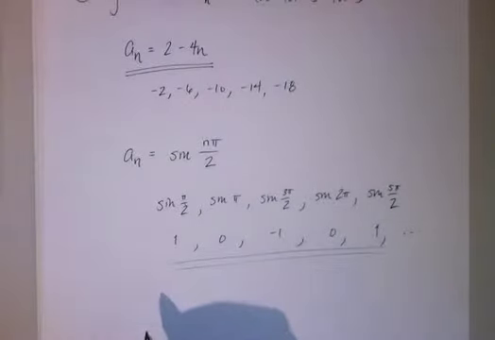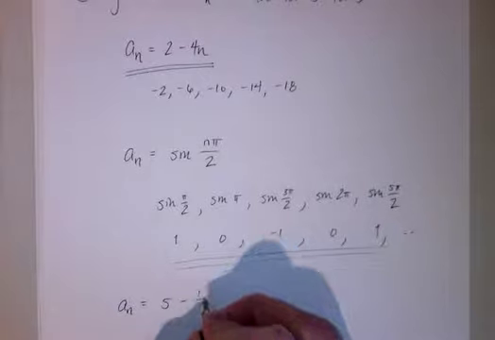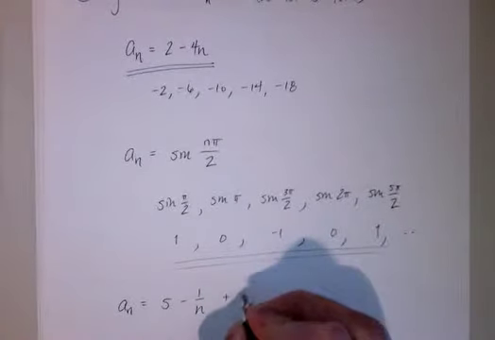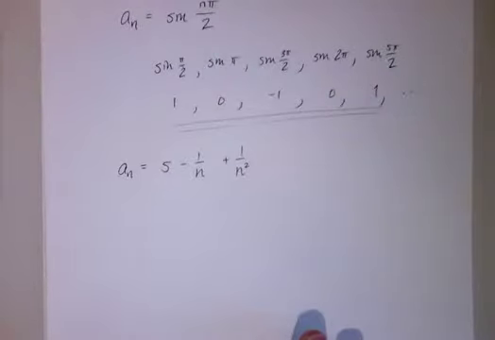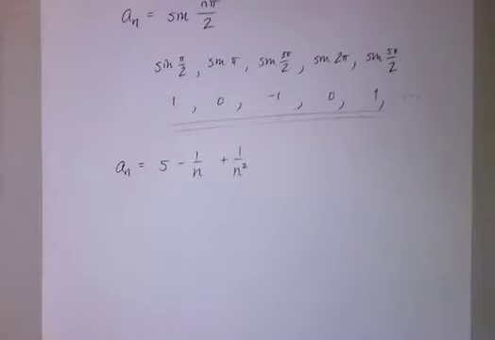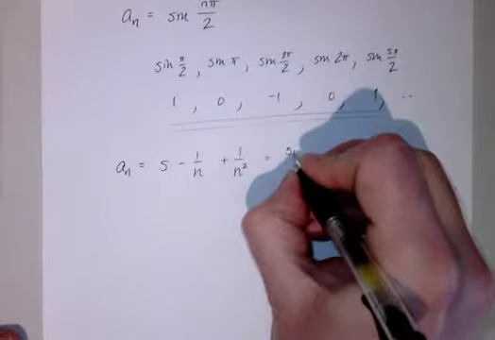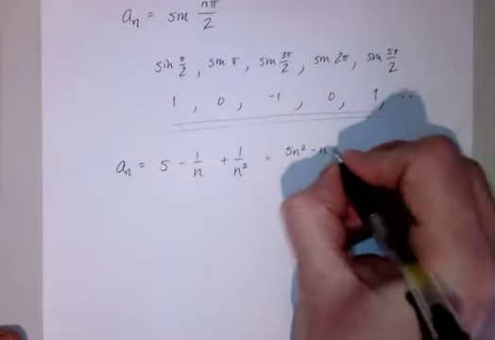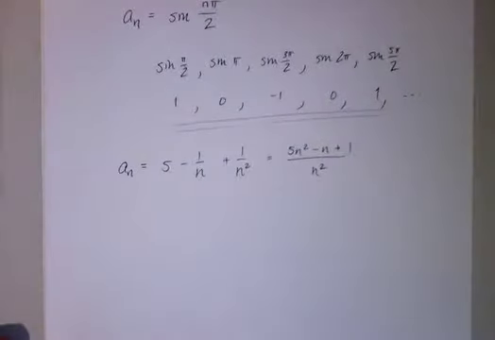So let's do one more before we go on to something a little more difficult. Let's say we have a sub n is equal to 5 minus 1 over n plus 1 over n squared, and I want to plug in and get values. You can leave it in this form, or you can write it as 5n squared minus n plus 1 over n squared if you want. It depends on which you think is easier.